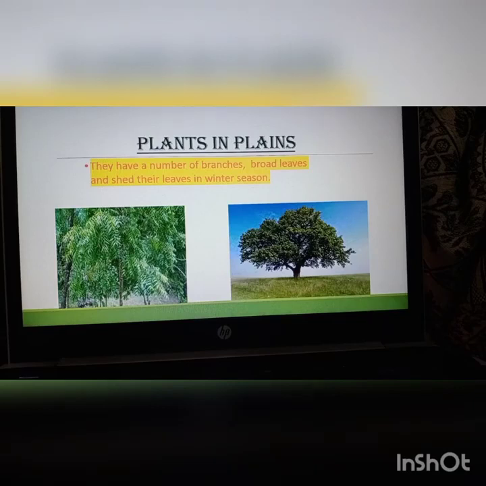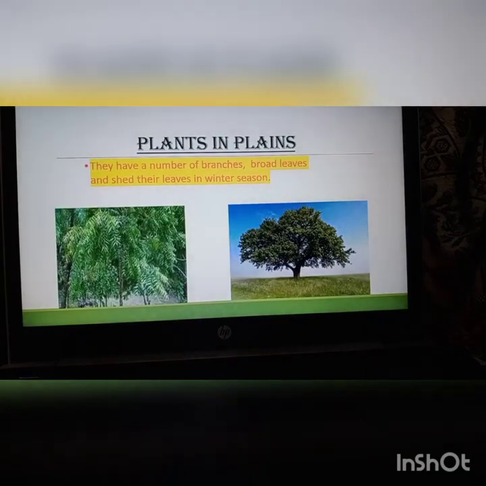Examples are neem, sesame, teak, banyan. They all are types of trees that grow in the plain area. Plain area means the area that is around you, means Delhi also comes in a plain area. Delhi, Uttar Pradesh, Madhya Pradesh, Rajasthan, all the trees or plants that grow in such cities or in such states are called plants of plains.